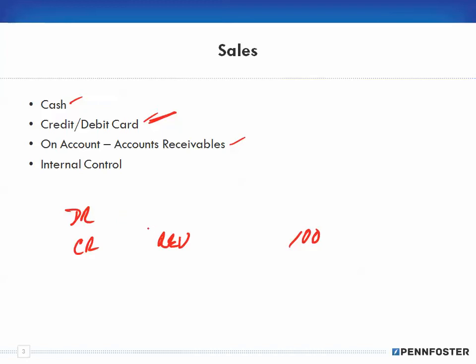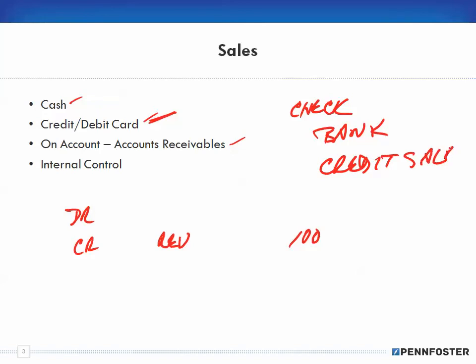Later on in the month, you will receive a check from the bank itself in the amount of all of the credit sales that have occurred for a period of time. Different businesses will handle those credit sales differently, whether they'll have a credit receivable account, or an accounts receivable account that will be called credit sales.